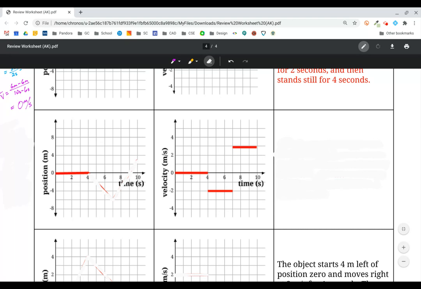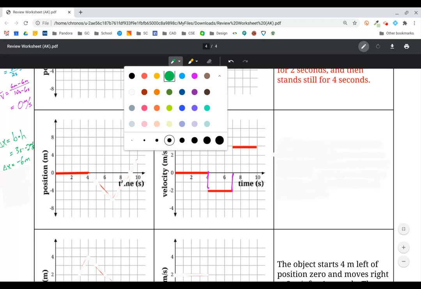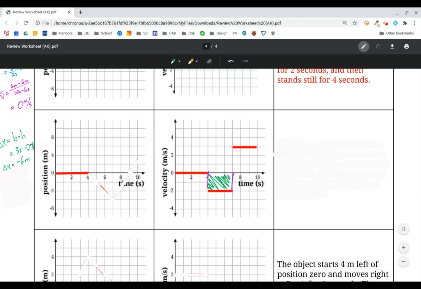But then after that, we're going to look at this rectangle right here and find its area. And so the area of this rectangle is its base of 3 times its height of negative 2, which is negative 6.